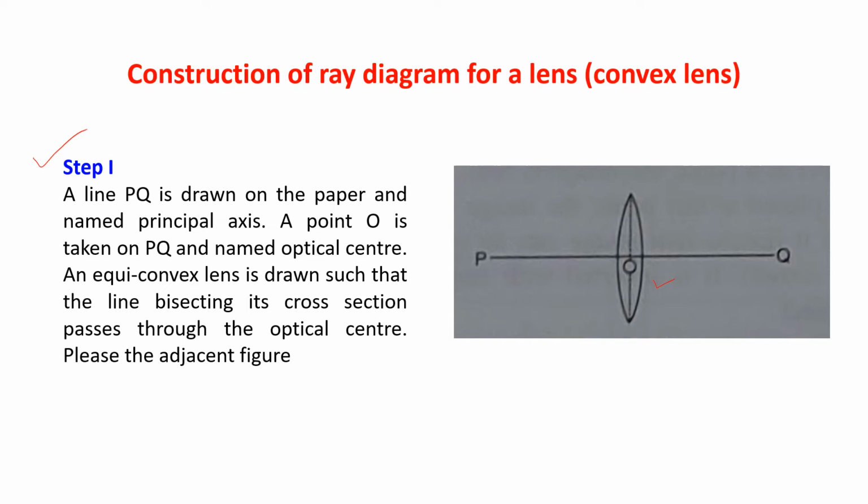An equiconvex lens is drawn, such that the line bisecting its cross section passes through the optical center. Like this we have to draw.